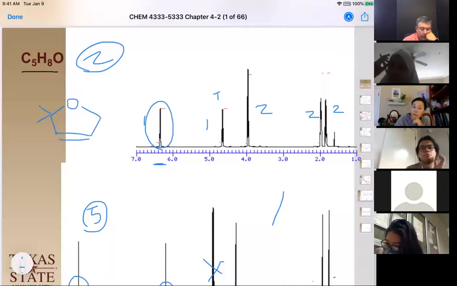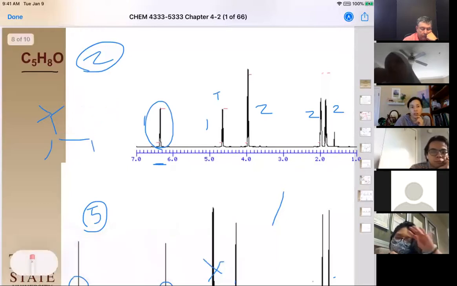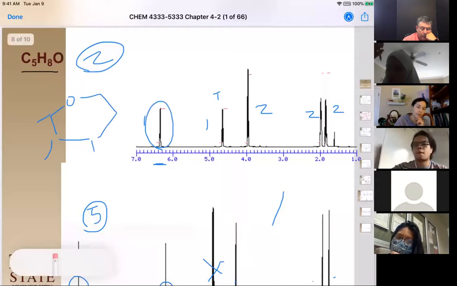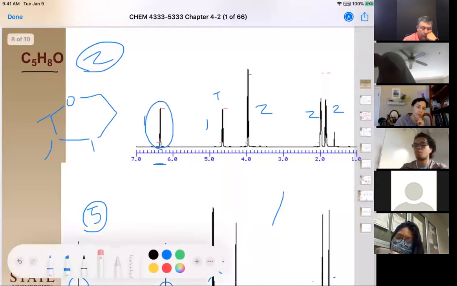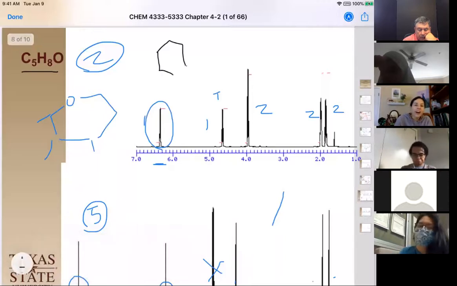1, 2, 3, 4, 5, 6. Oh, we need another carbon. And so let's start with this here as our structure.